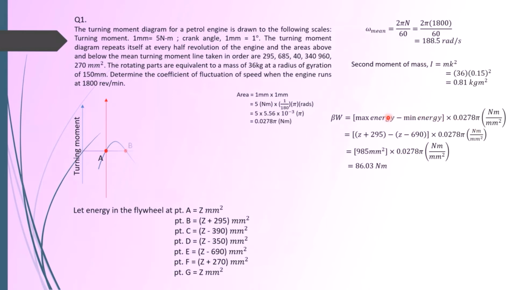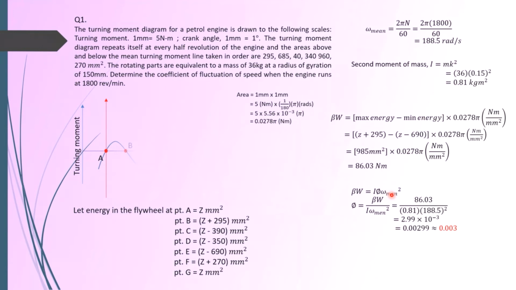If you multiply by this value here, you would have this all converted to Newton meter per millimeter squared. After that you can solve this later on. So you will have this as a result. With this, the Z and the Z here will cancel off. Minus and minus become plus, so add up both, you got 985. From this, you will be able to find delta W is 86.03 Newton meter, which is also in joules.